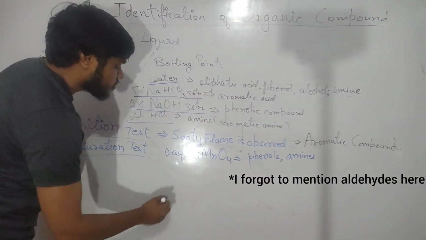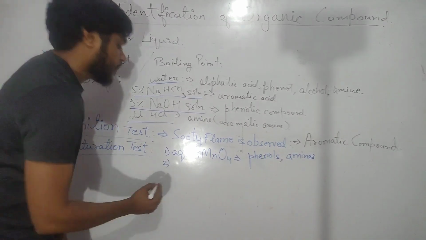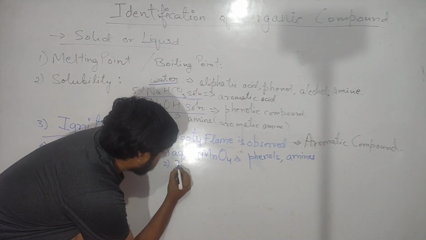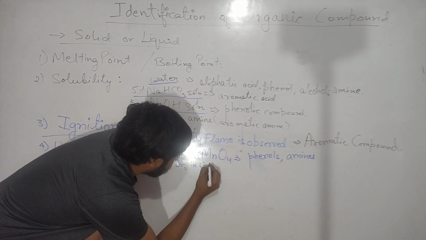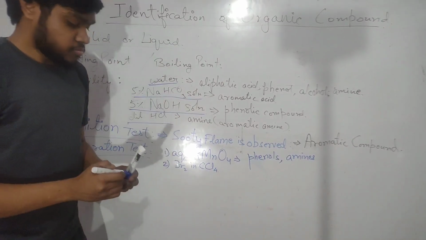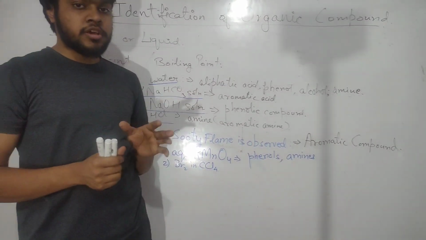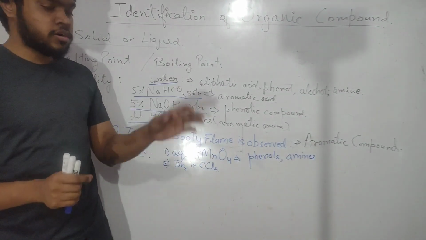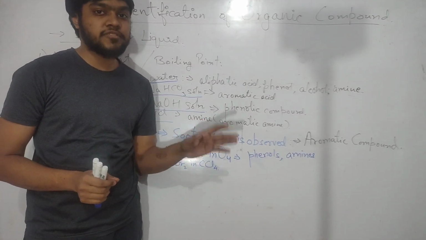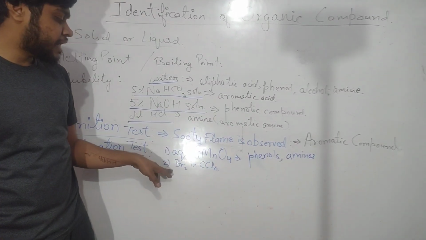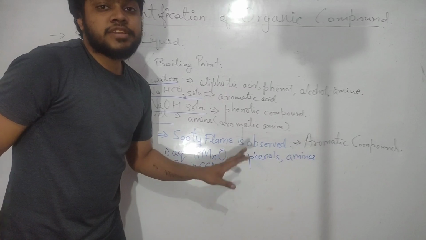Then the second one is bromine in CCl4. So what we do is first dissolve a small quantity of compound in CCl4 in a test tube, and then to it we add bromine and CCl4 solution.